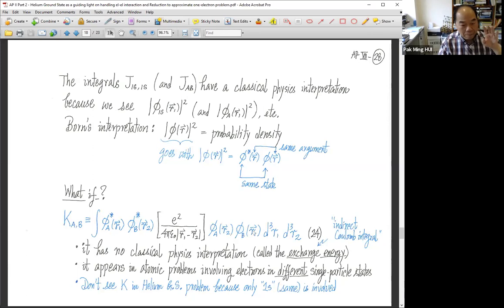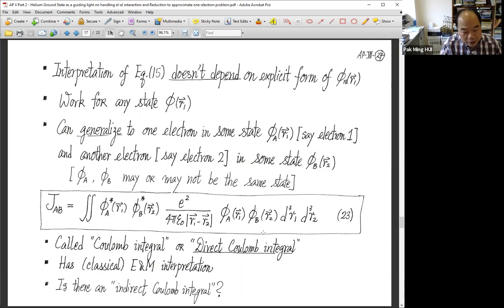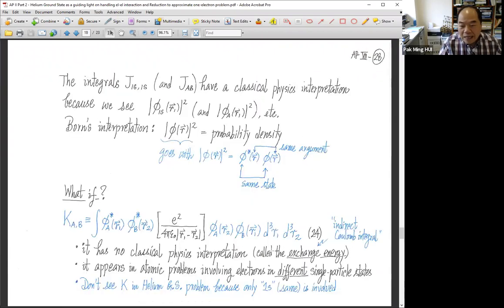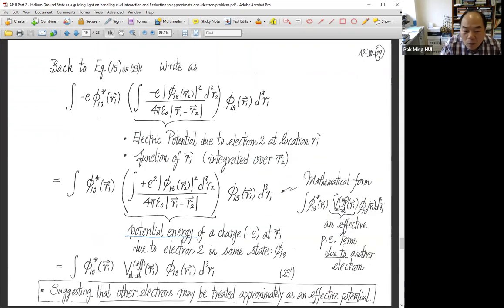But the big picture is that it has to do with electron 1 interacting with electron 2. So now that is the interpretation. Now let me introduce the big idea following this interpretation.